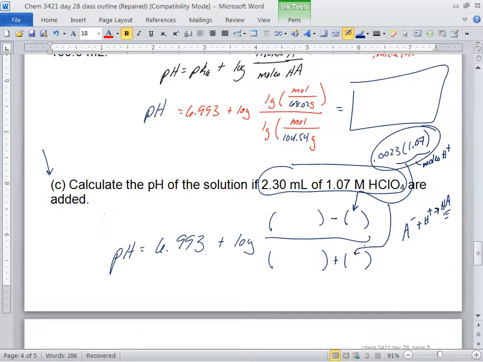Well, what numbers go here and here? Danielle, what numbers am I going to put here? You're looking up there, I think you're seeing it. The initial moles, right? Whatever we got here is our initial moles of base, and here's our initial moles of the HA.